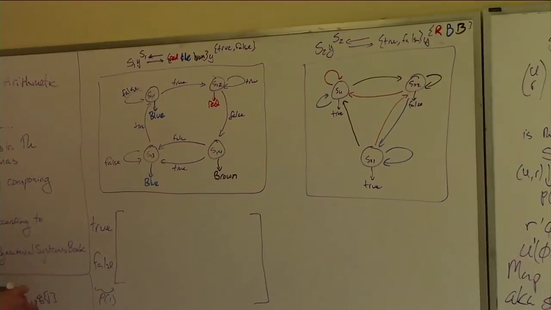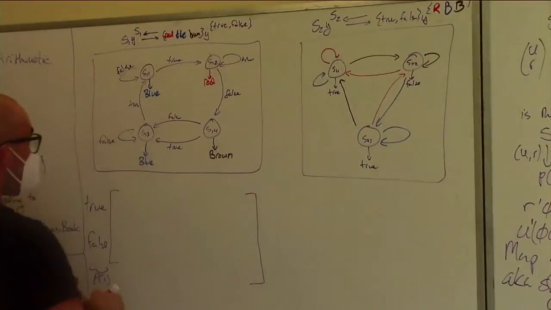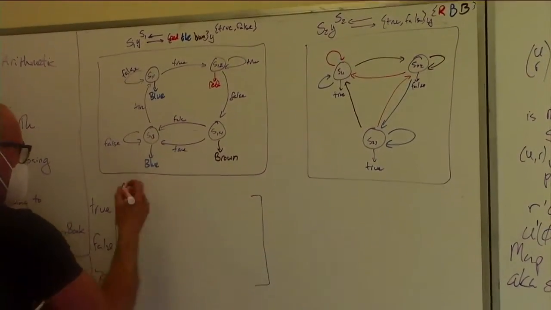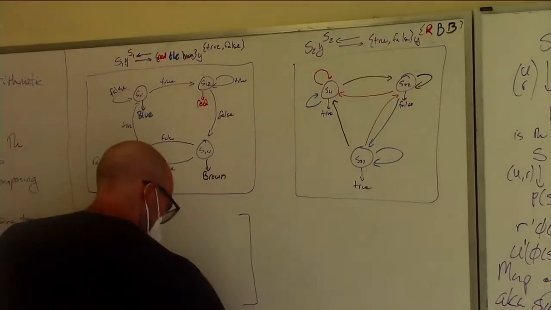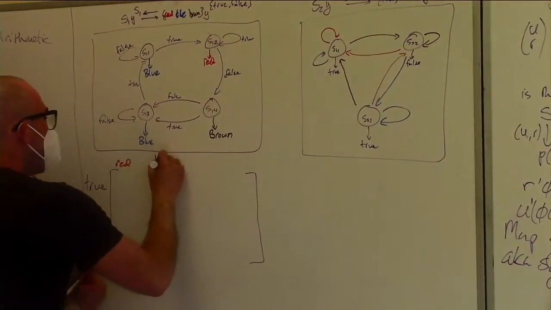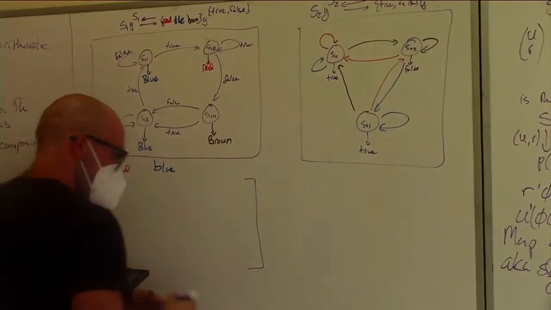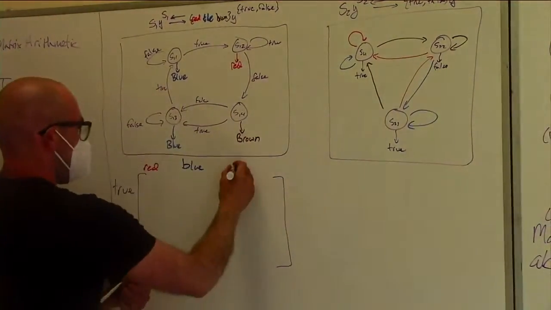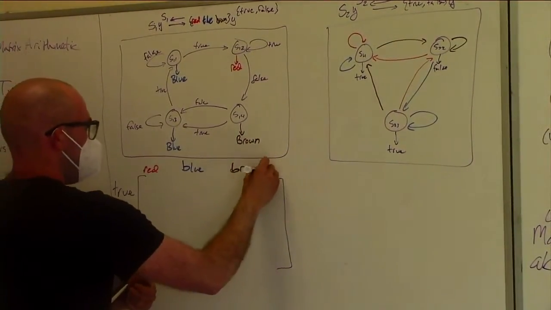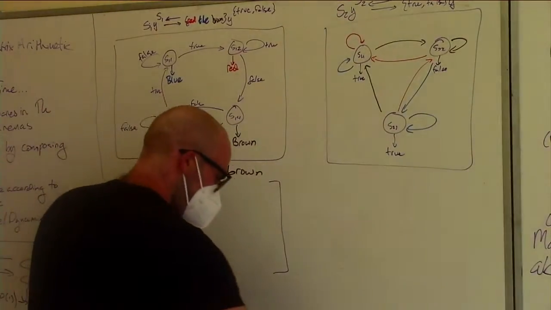Whereas the possible inputs are red, blue, and brown. It was originally green, but we don't have green markers.